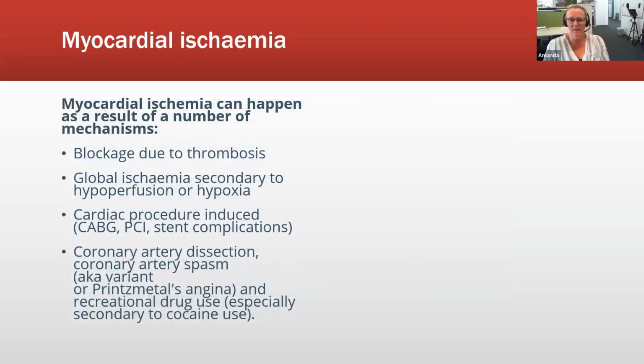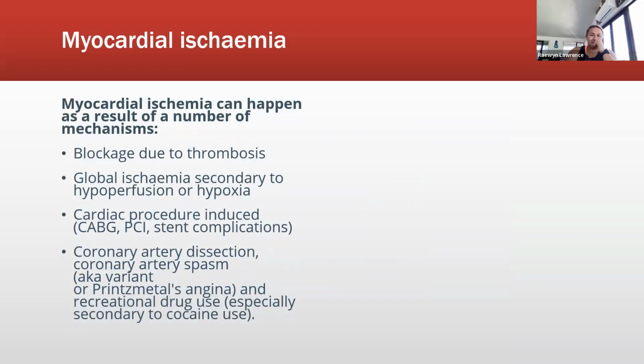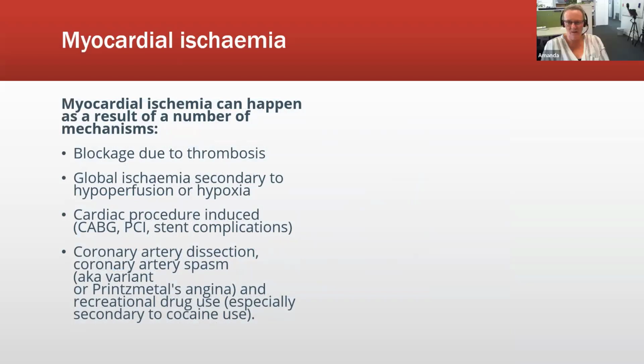Okay, so myocardial ischemia has a number of mechanisms that cause it. The most common one, and the one that we get called to, is a blockage due to a thrombus, and that's when we're looking at myocardial infarction. We can have global ischemia due to hypoperfusion or hypoxia, so either there's not enough oxygen for the blood to carry, or there's not enough blood to carry the oxygen.